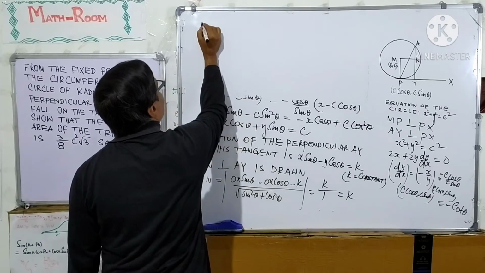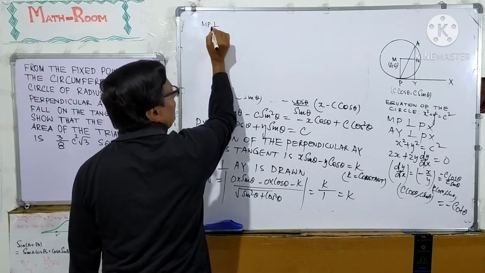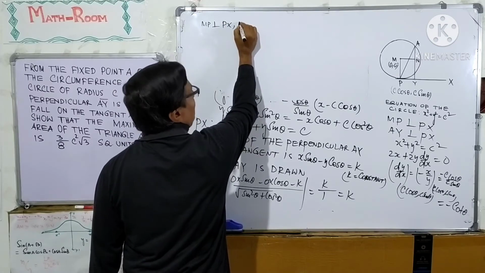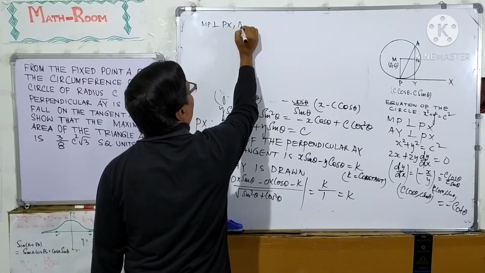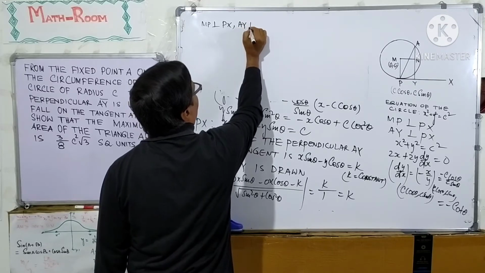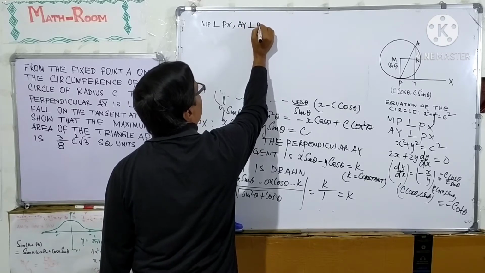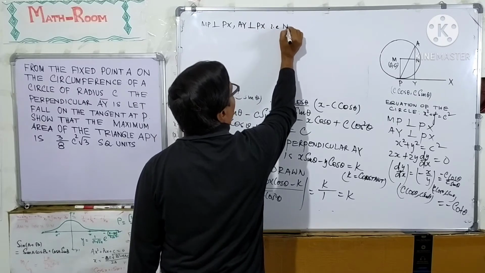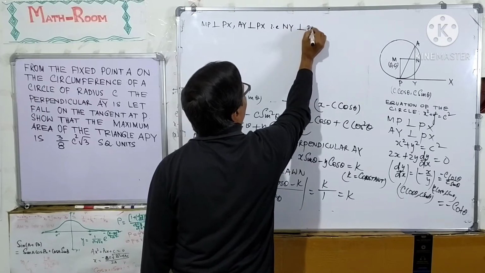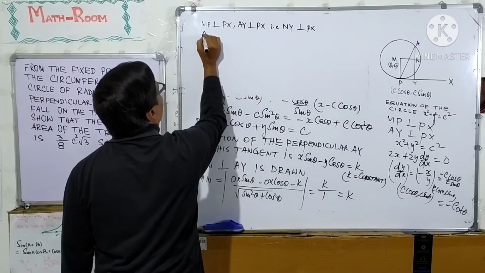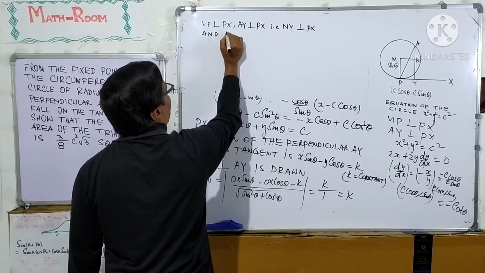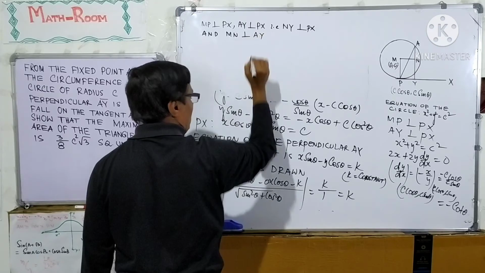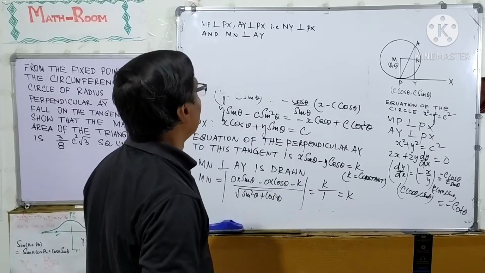Now MP is perpendicular to PX, and NY is perpendicular to PX, and MN is perpendicular to AY is drawn.